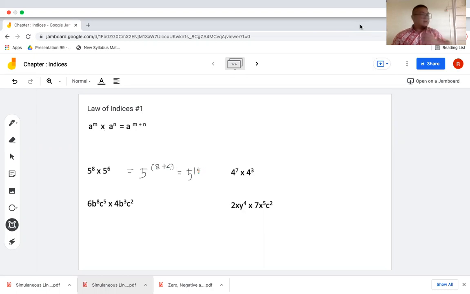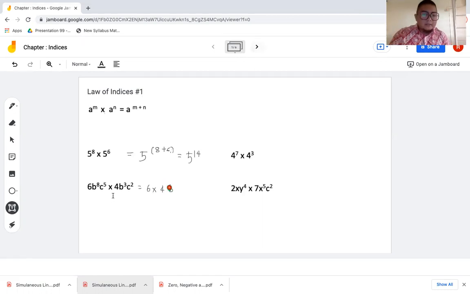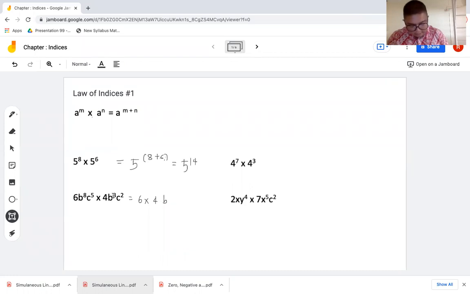Now, what are we going to do if we encounter multiple variables with numerical coefficients? Here, you need to remember that you're just multiplying the numbers. First, we multiply 6 times 4. Then the variables are b, and this one is b^8 and b^3, so that gives us 8 plus 3.